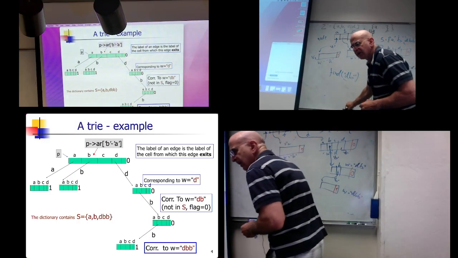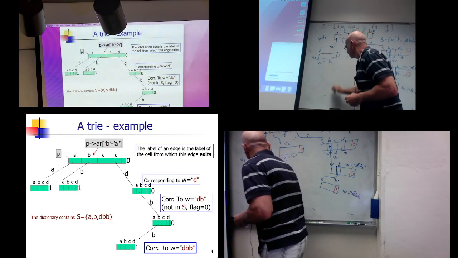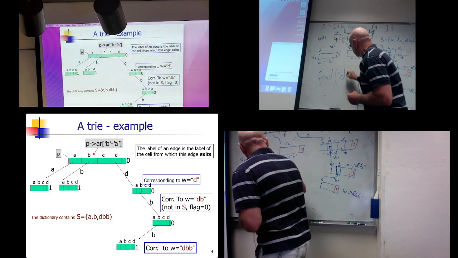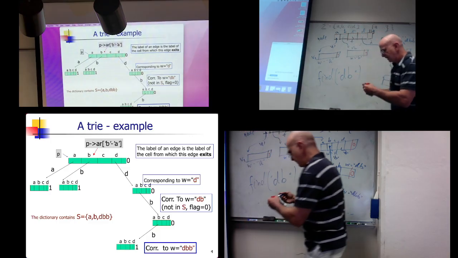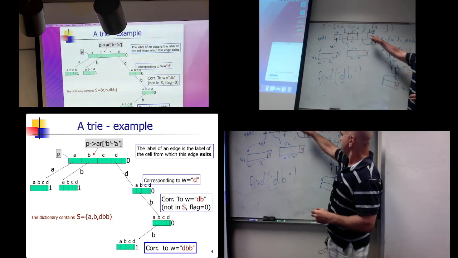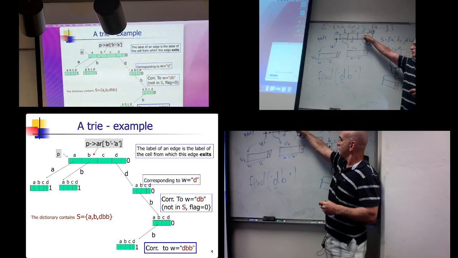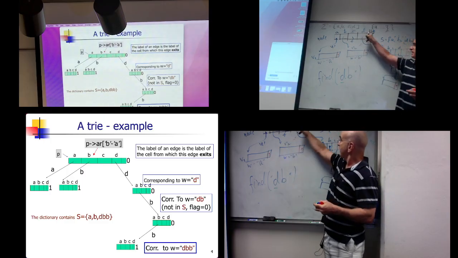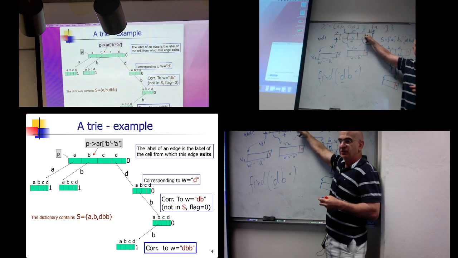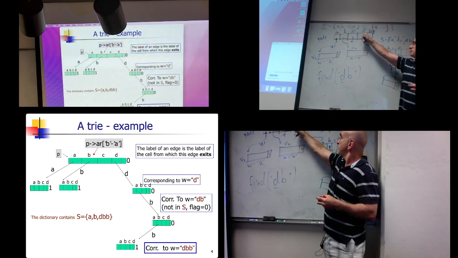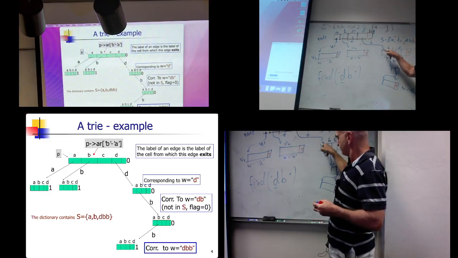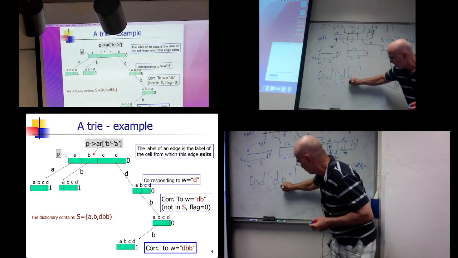Let me make it a bit bigger for the camera. Find DB. Look at the first letter. Start from the root of the tree. The first letter is D. Is there a pointer coming from the cell of D, or does the cell of D point to null? Well, it doesn't point to null. There is a real pointer coming from it. So let's follow this pointer and move to the second letter.